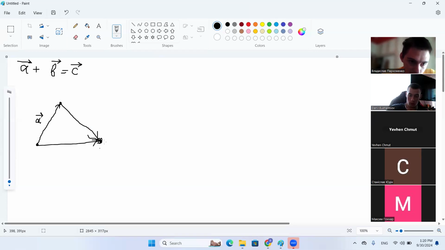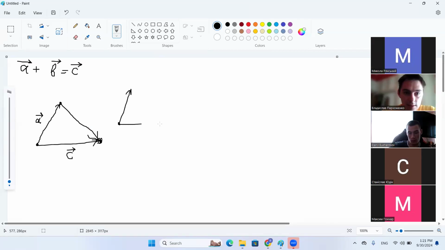It doesn't look so good, but I'm sure you will understand it. So C. And for the other situation, how can we handle it if vectors A and B go to other sides? Mykola, go on.